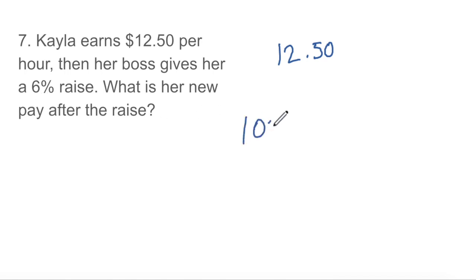So 100% of her old pay plus 6% equals 106% of her old pay. So her new pay will be 106% of her old pay. And let's see, we can convert this to a decimal by moving the decimal place 2 places. It's going to be 1.06.